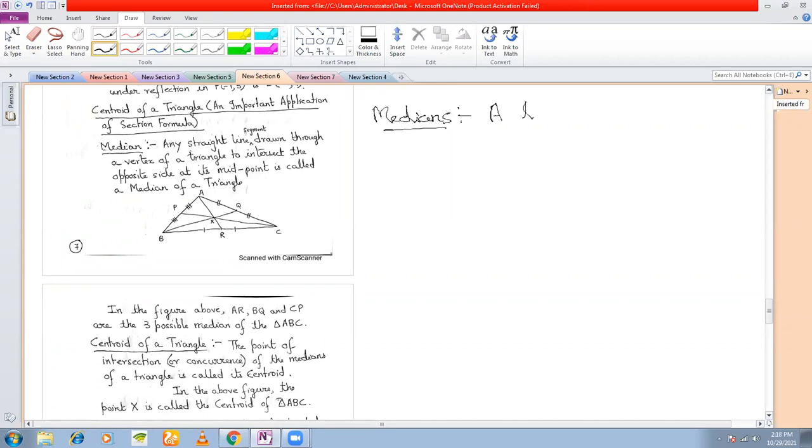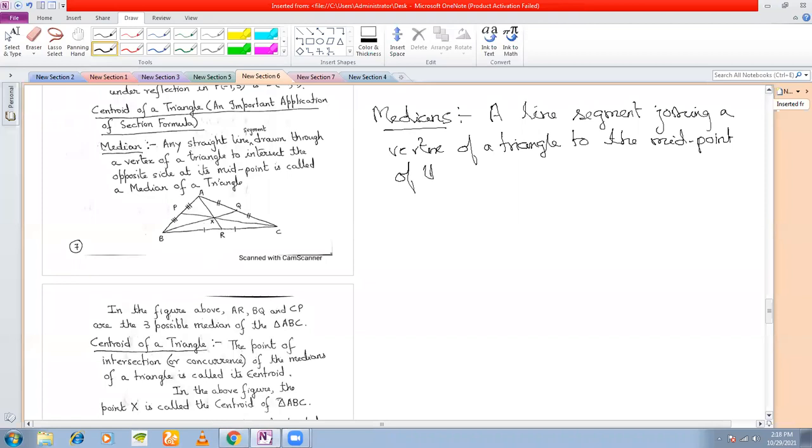A line segment joining a vertex of a triangle to the midpoint of the opposite side is called a median of the triangle.